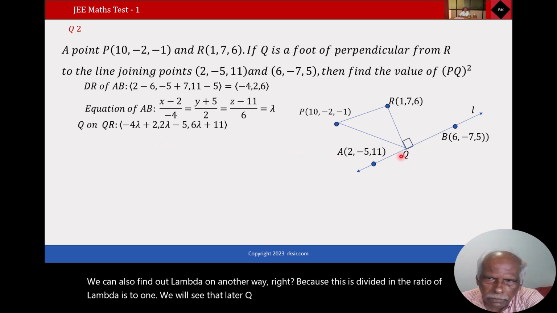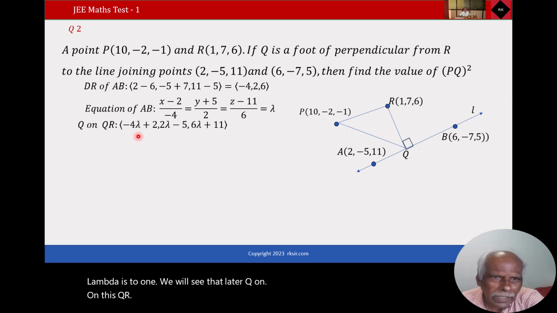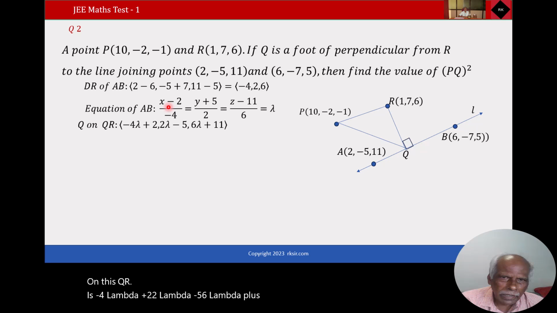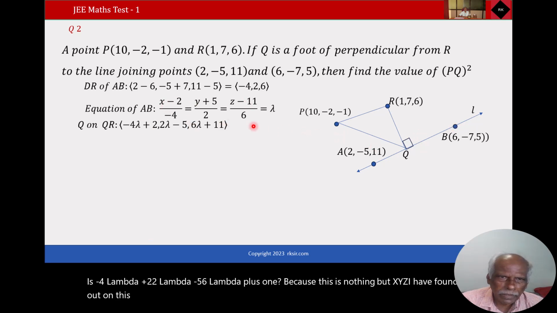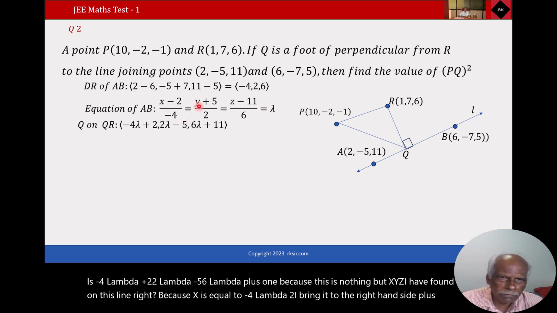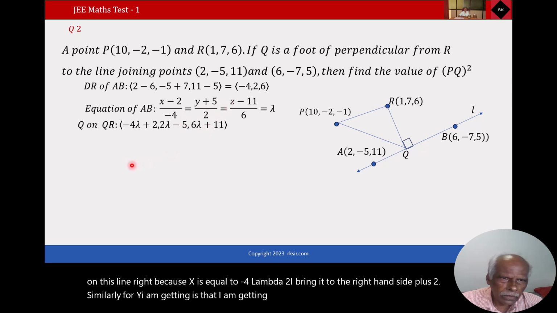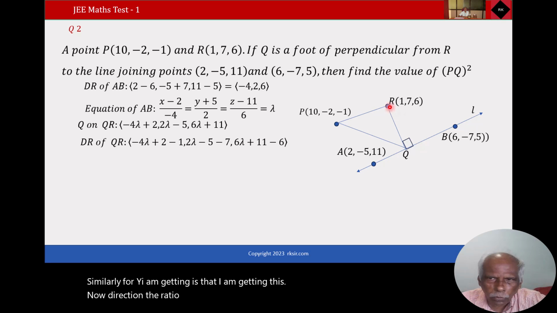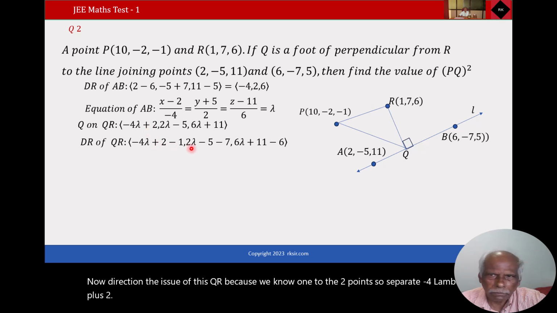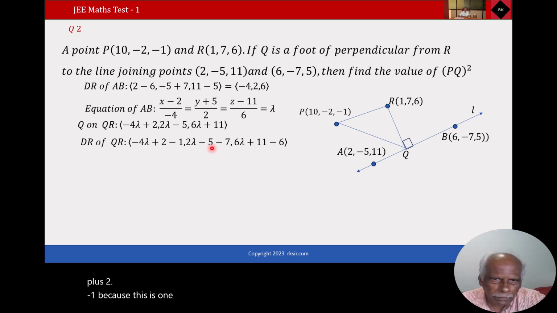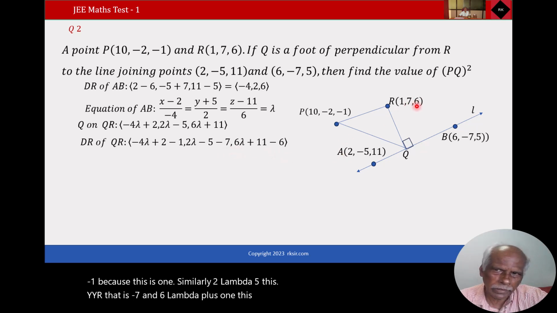Q on this line has coordinates (-4λ + 2, 2λ - 5, 6λ + 1), because x = -4λ + 2, and similarly for y and z. Now the direction ratio of QR, since we know the two points, is (-4λ + 2 - 1), (2λ - 5 + 7... minus 7 for y of R), and (6λ + 1 - 6).